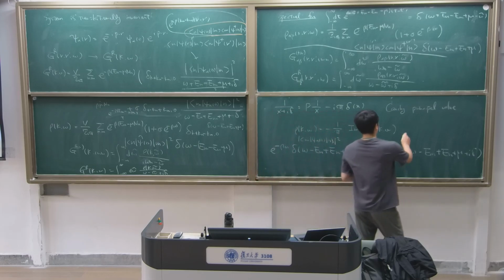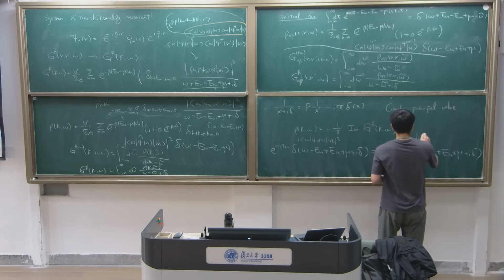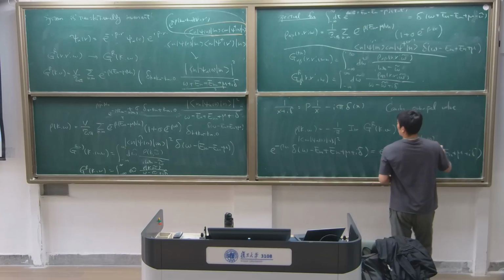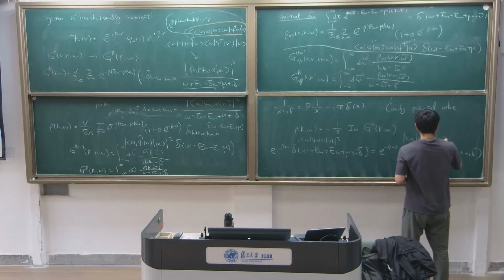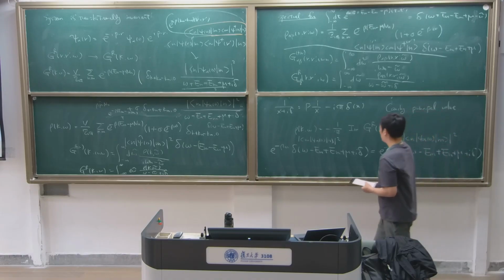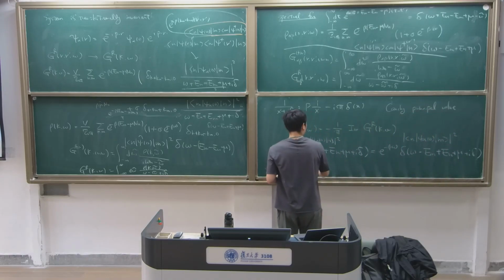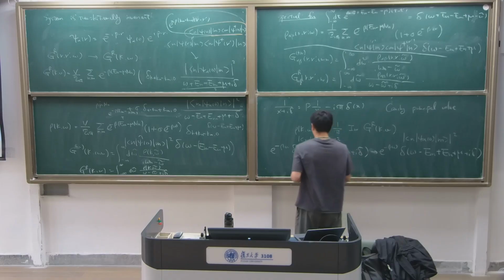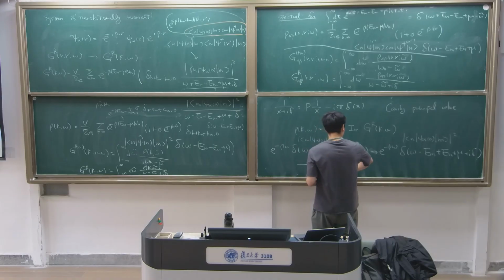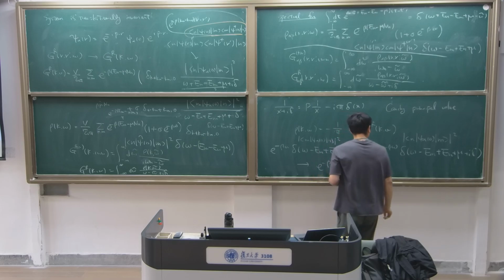So by here you have n sigma alpha m and then n squared. And then from here, you just write that e to the minus beta omega is equal to minus en plus en minus mu.